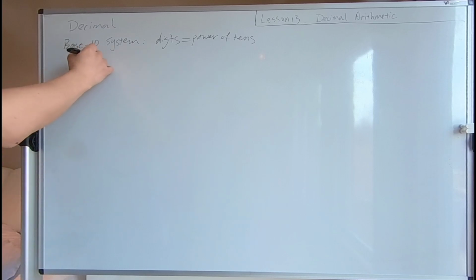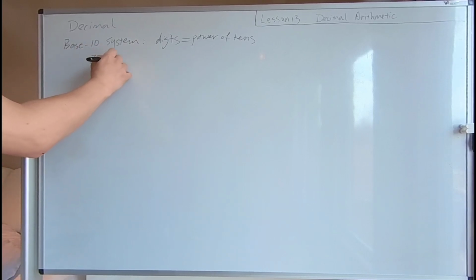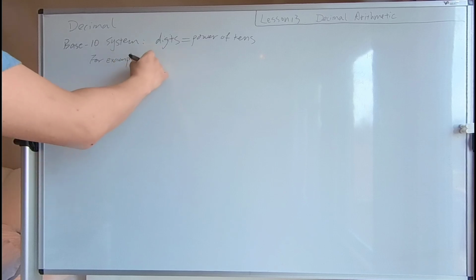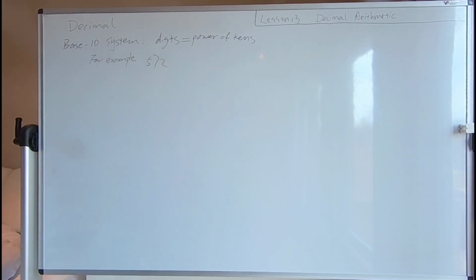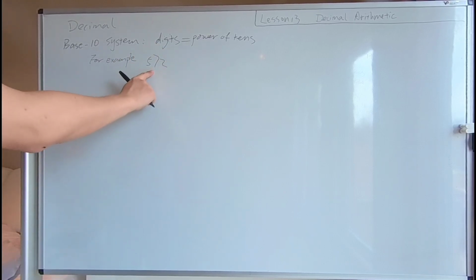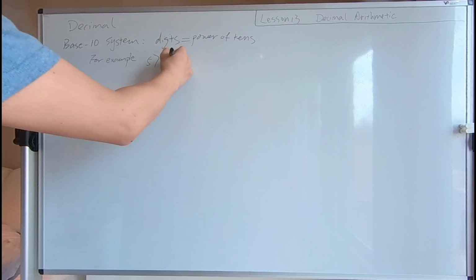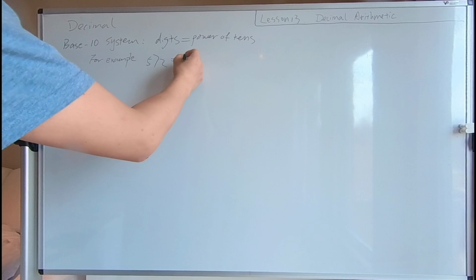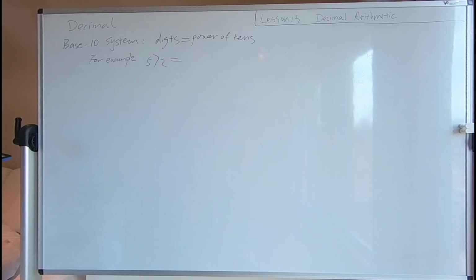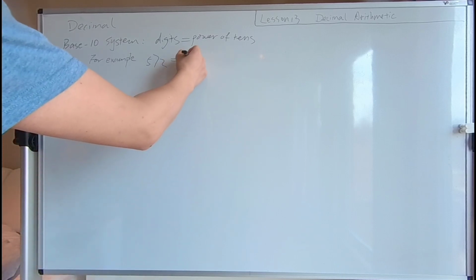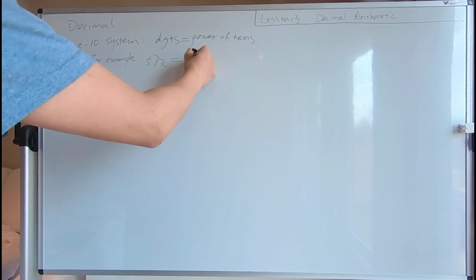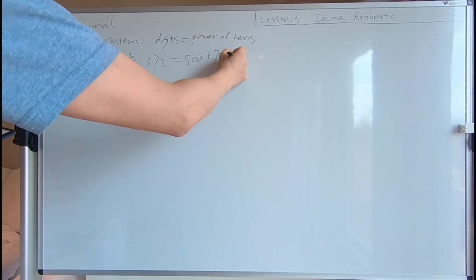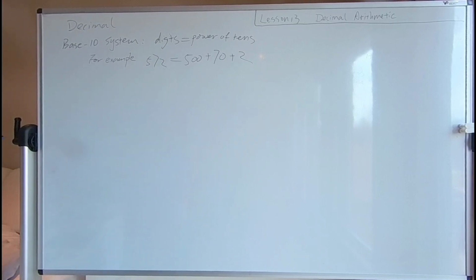Right, so for example, if I just write a random 3-digit number, 572, the reason I'm able to write this in this way is because I want to express a quantity which is the sum of 5 hundreds and 7 tens and 2 ones, right?